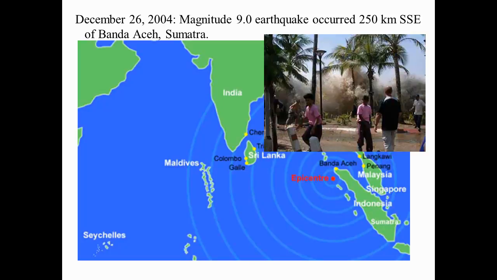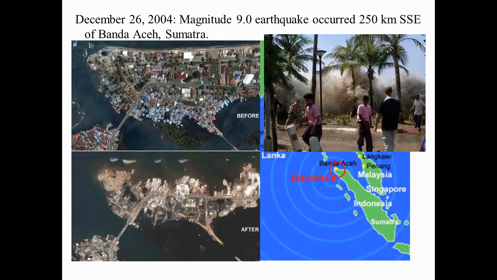And from there, this generated that huge tsunami, which then struck the coast of Banda Aceh in Sumatra and traveled further west, eventually hitting Thailand, southern India, and even as far west as the east coast of Africa. This is the famous before and after picture of Banda Aceh after the tsunami.